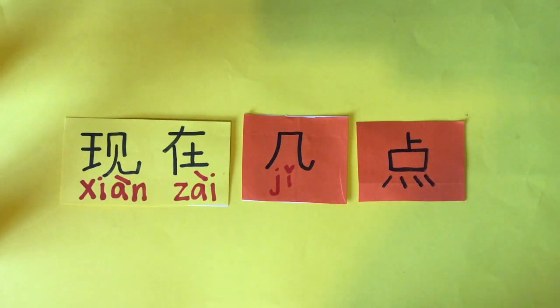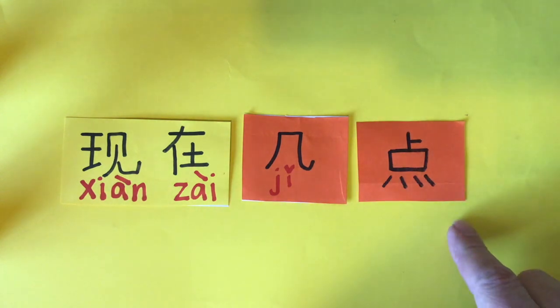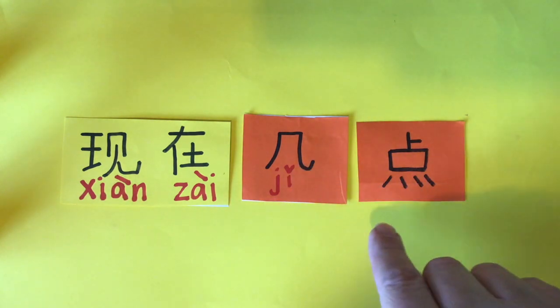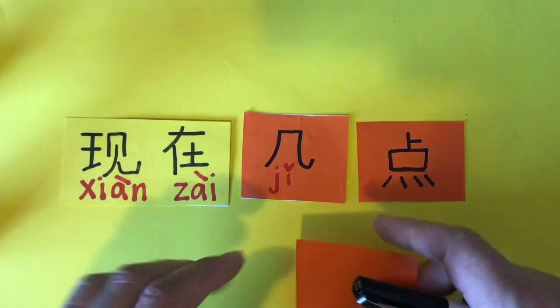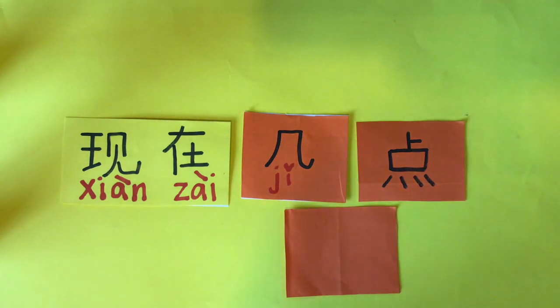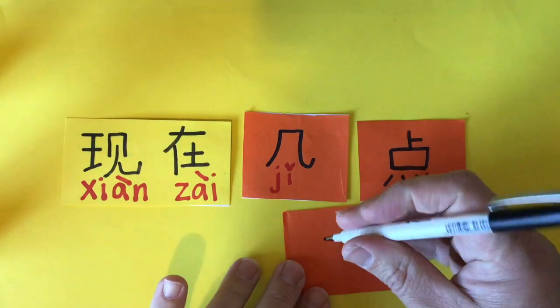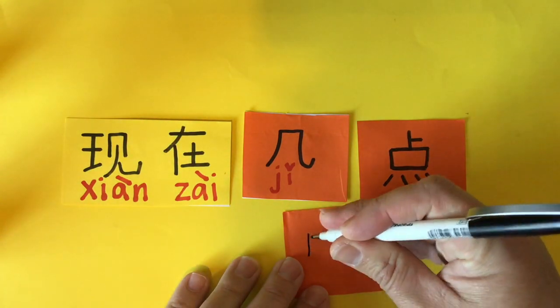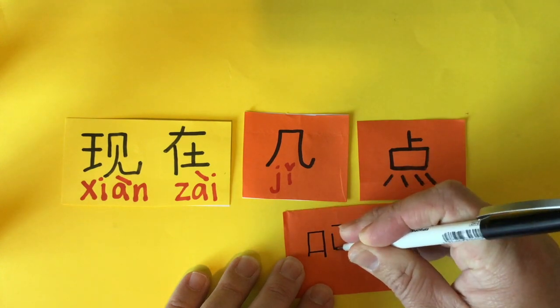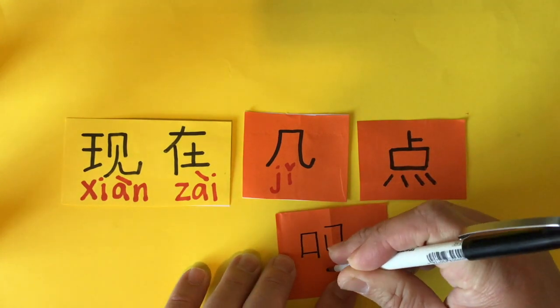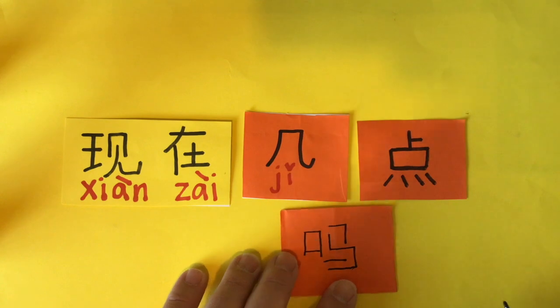Now, I need to stress that this is a question, and what makes it a question is this word here, ji. I know a lot of you are so used to knowing that this word, which I'll just write for you right now, is ma. Whoops, sorry. Ma is a question word.